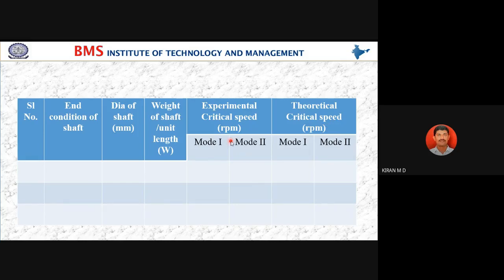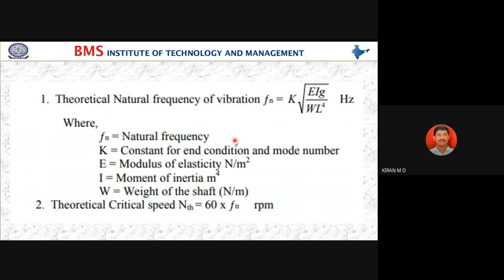How we are going to calculate? See, we have the equation, theoretical or natural frequency of vibration, Fn is equal to K into root of E Ig, where I is the moment of inertia, divided by W L to the power of 4.